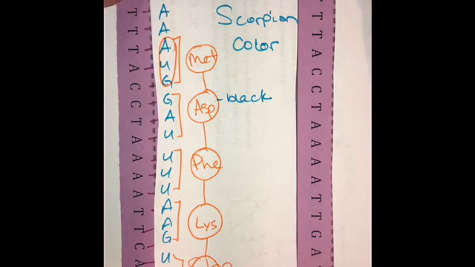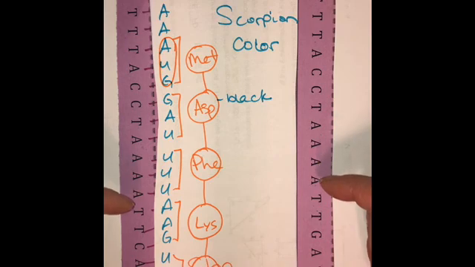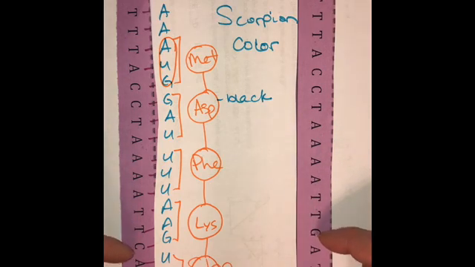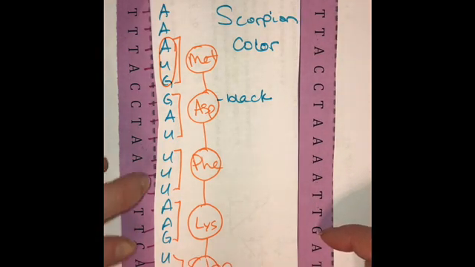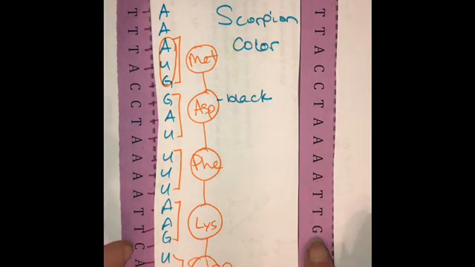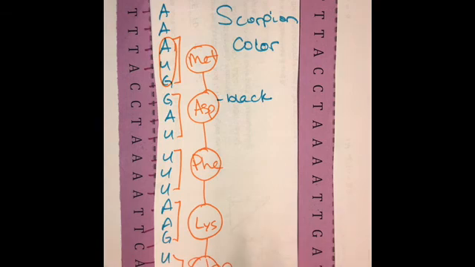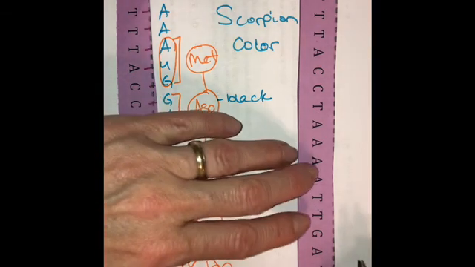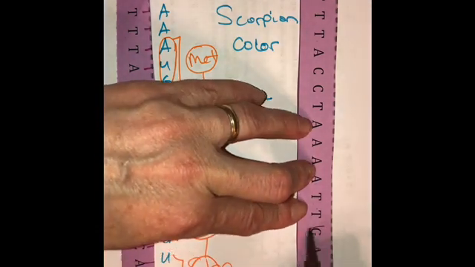So if I start and look at my bases, A, T, T, T, A, C, C, T, A, T, T, there it is. I have a C on my normal DNA strand, but a G on my mutated strand. So I have a mutation right here.